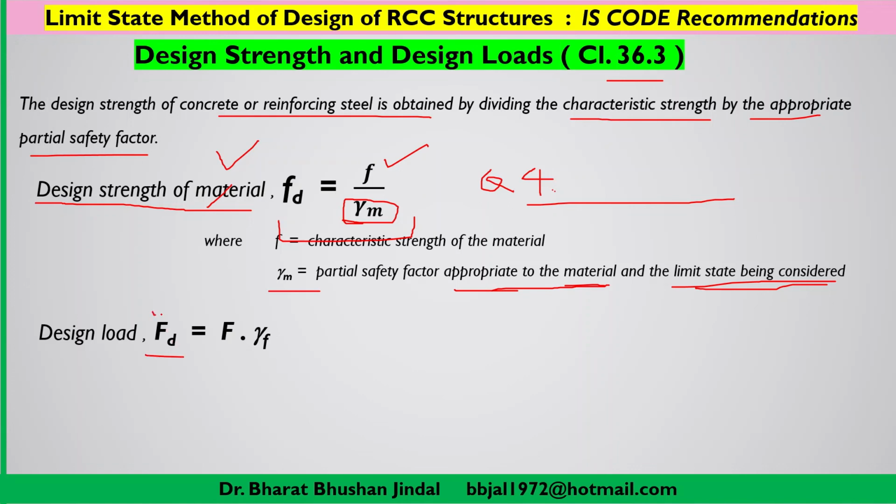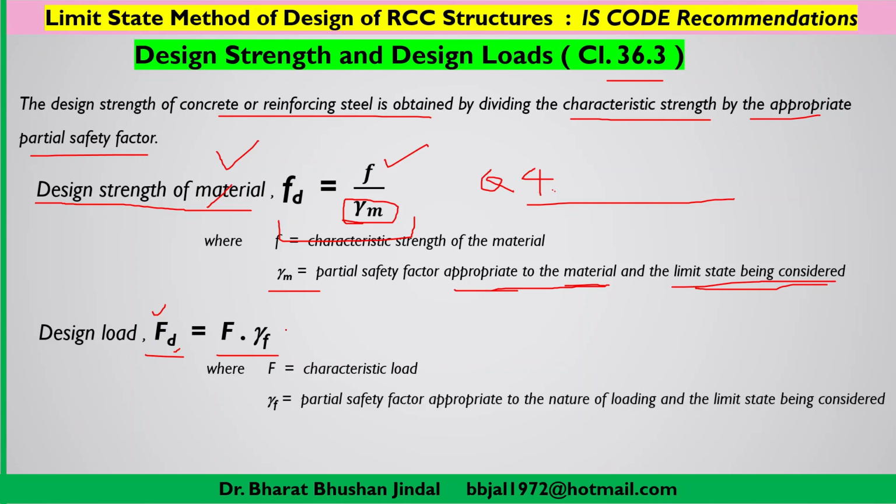Now design load. Here we have taken capital F for the symbolic purpose: F is for the load and D for the design. Here F, which is a characteristic load, is multiplied by the partial safety factor appropriate to the nature of loading and the limit state being considered. So we multiply to get the design load, but in case of design strength, we divide the characteristic strength by the partial safety factor.